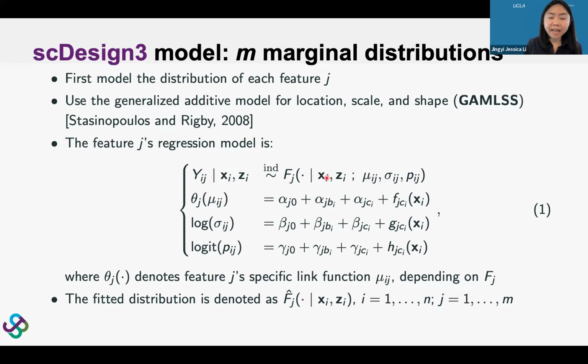Given xi and zi, Fj has at most three parameters: mu ij for the location parameter, sigma ij for the scale parameter, and pij for the zero inflation parameter. So that's the most complicated model we consider. For the mean or location parameter, mu ij is subject to some link function depending on Fj. We consider the linear predictor to depend on a common intercept and a batch intercept, which is the intercept contributed by batch.